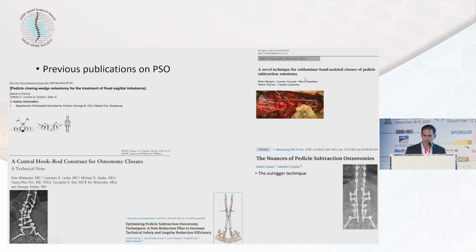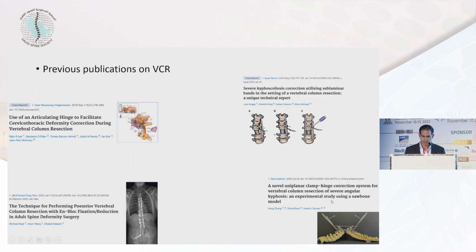A study mentioned the use of sublaminar bands or a kind of reduction plier in order to close the level above, and use the level above and below to close the osteotomy, and what was called the outrigger technique by Gupta, using short rods on the sides of the osteotomy. Regarding the VCR, different technical papers have also been published, such as using a hinge in order to facilitate the reduction. Also, the use of sublaminar bands was mentioned.